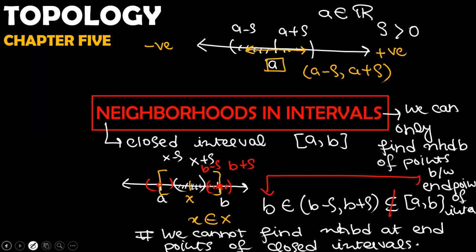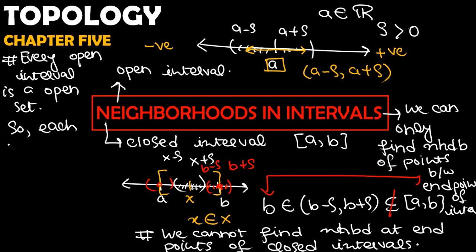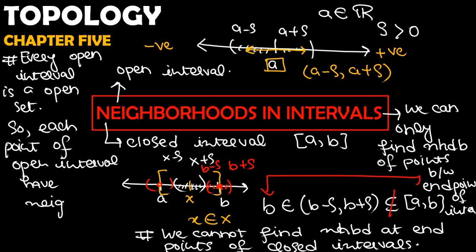Now it's time to discuss the open interval. Remember that we are going to use the result that every open interval is an open set. So each point of an open interval has a neighborhood.